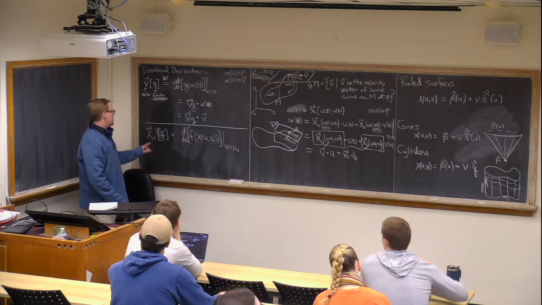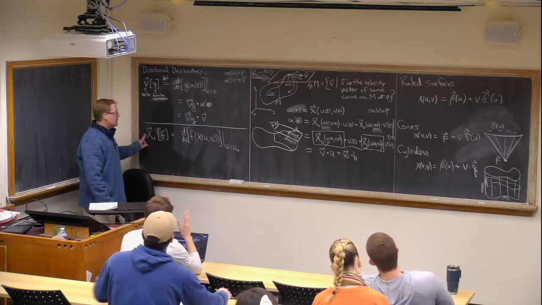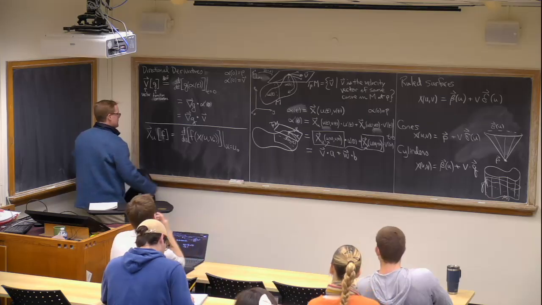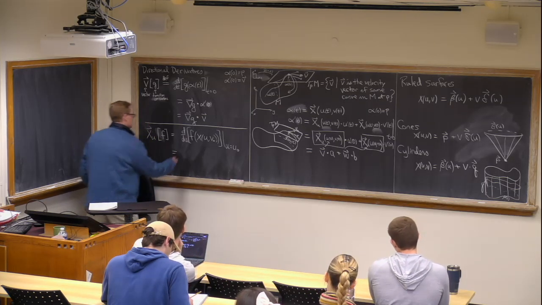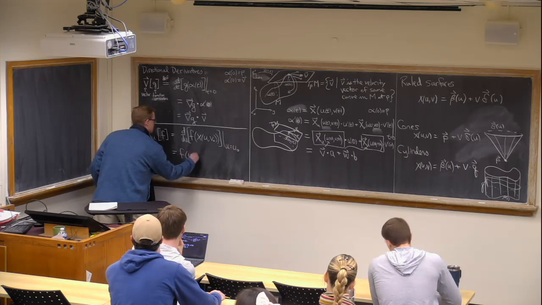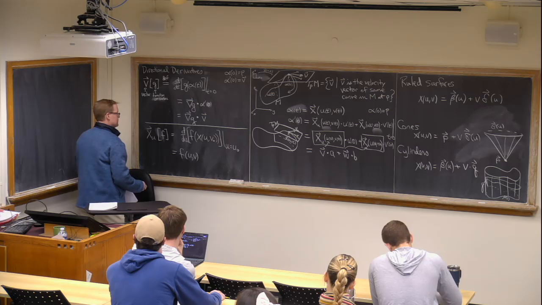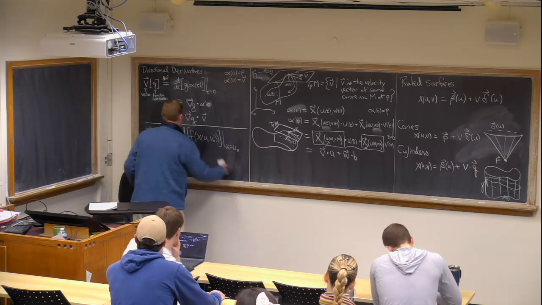Okay, so here's the thing to remember. If someone says take the derivative in the xu direction, let's go one step further. If I write f as a function of u and v, there's something called abusive notation.